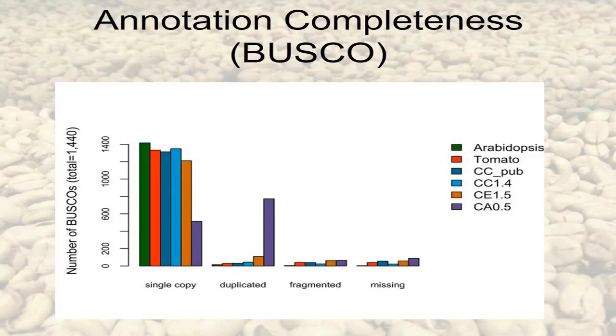So just looking at BUSCO again, this time we're looking at the actual annotation. Before we were looking for these genes in the genome, now we're looking at the annotations to see if they're in the protein models that we've predicted. If you look at canephora, our version is the 1.4. It's performing pretty well based on the BUSCO metric.